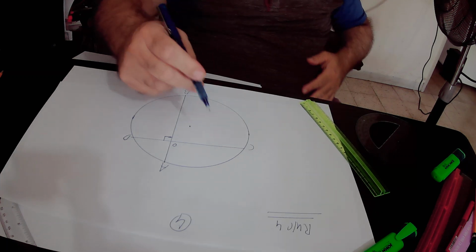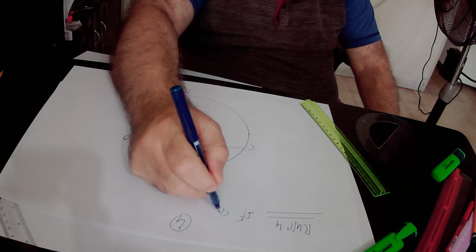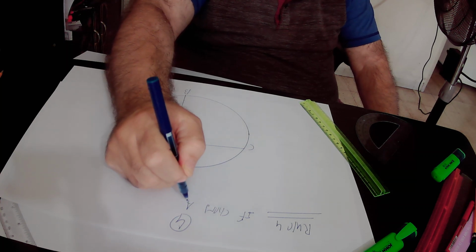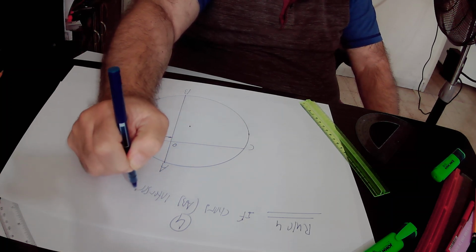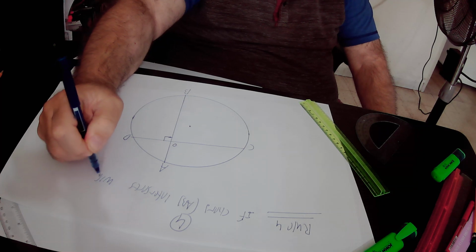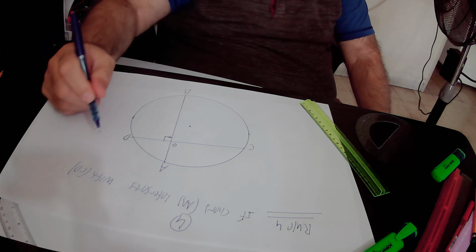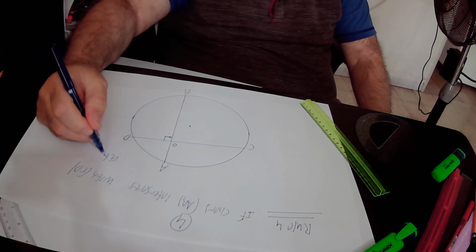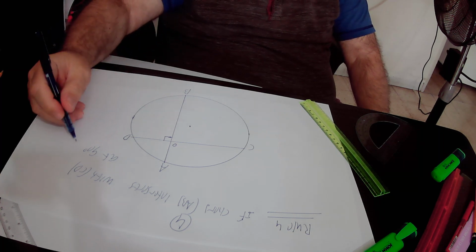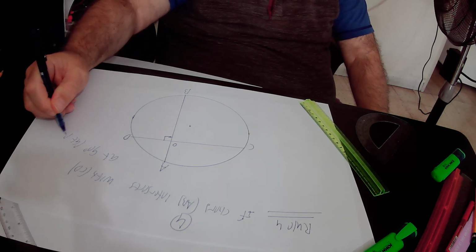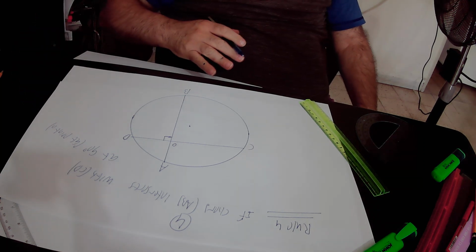So I write it down. If chord AB intersects with chord CD at 90 degrees, and the intersection point occurs at point O, then the following equation will be true.